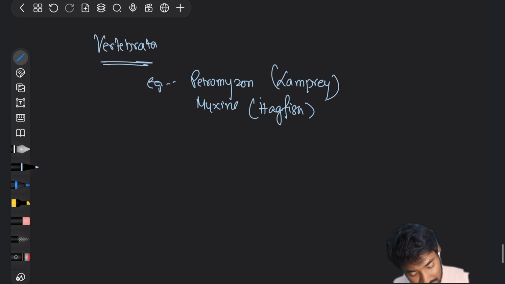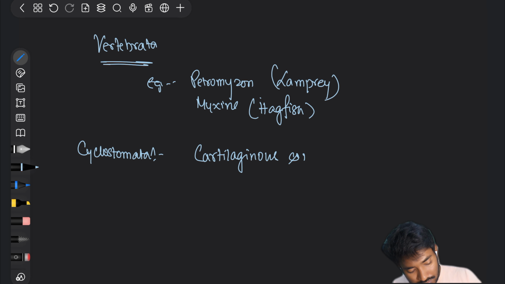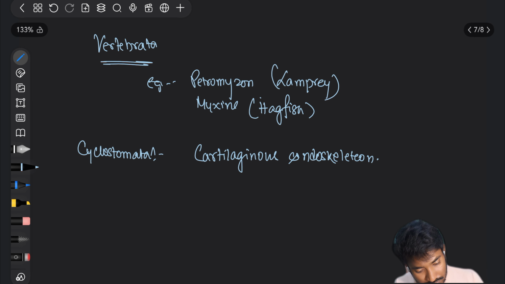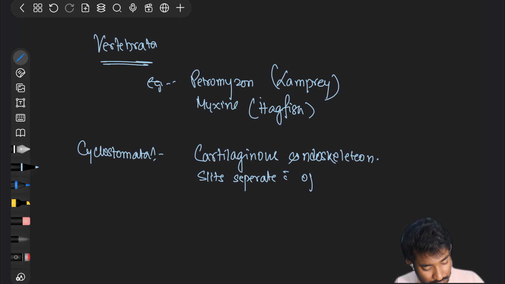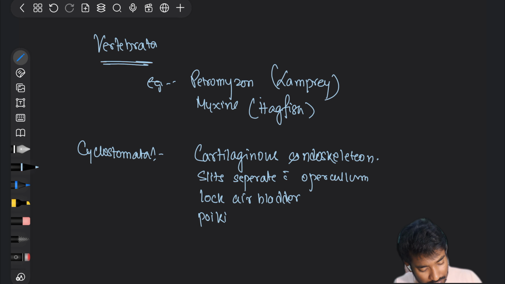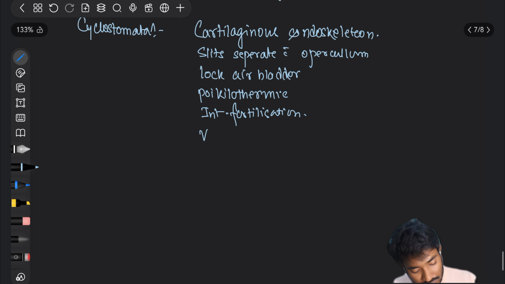In the case of Vertebrata, Cyclostomata. Next, Chondrichthyes: cartilaginous endoskeleton, gill slits separate without operculum, no air bladder, poikilothermic, internal fertilization, viviparous.